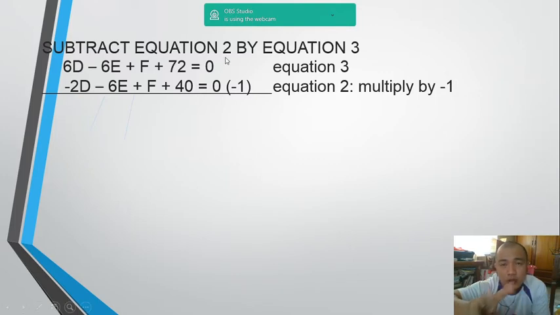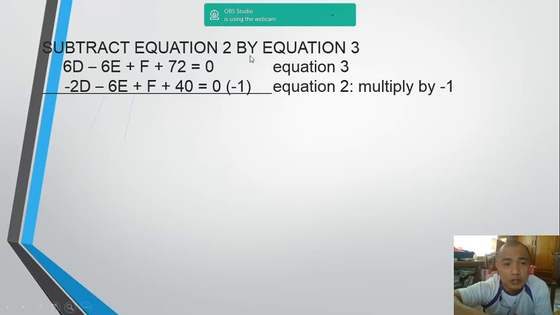So next step, after finding the three equations, equation 1, 2, and 3, we're now ready to combine two equations at a time. Let's start by combining equation 2 and equation 3, meaning subtract equation 2 from equation 3. It depends what you do first. We can also subtract equation 1 and 2 first, or equation 2 and 3. Whichever you prefer. I first subtracted equation 2 from equation 3.